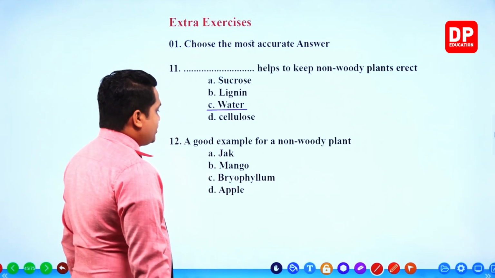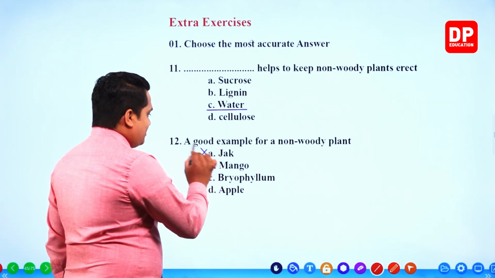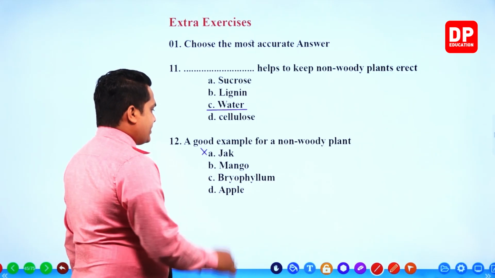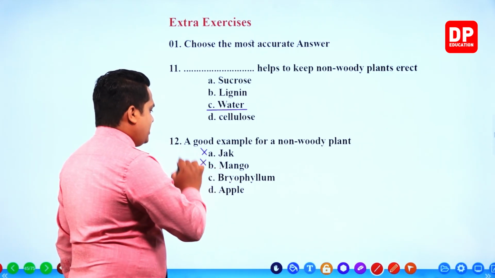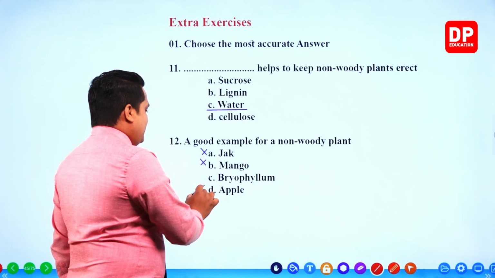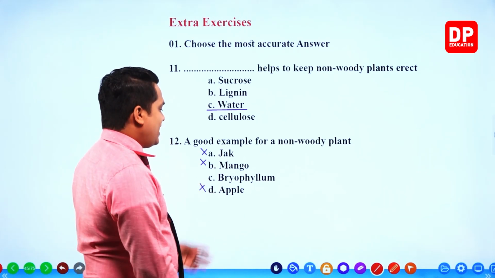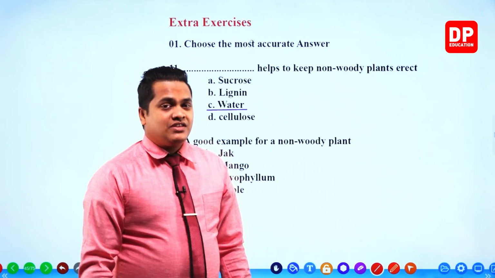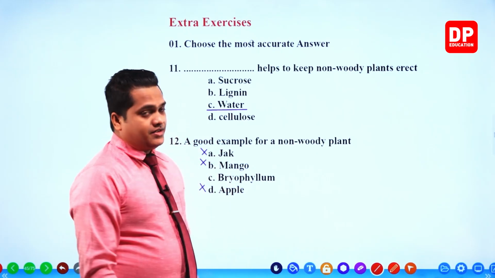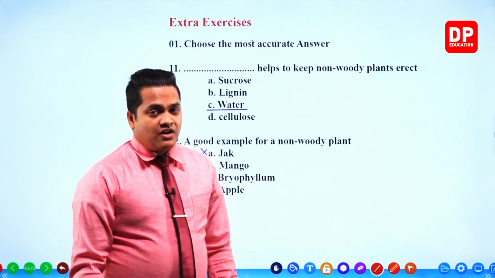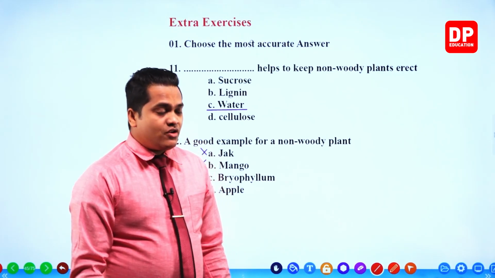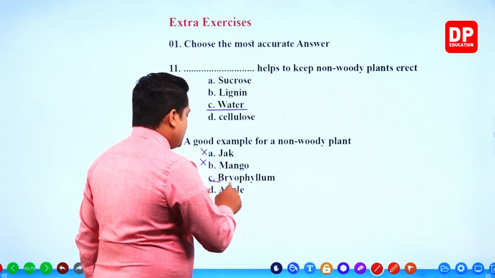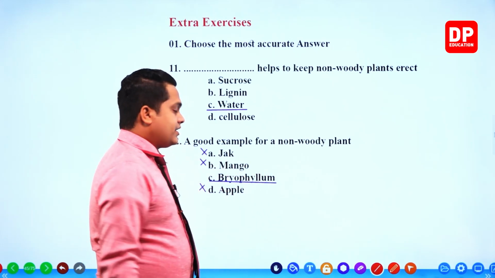We know that jack is a woody plant. Also, we know that mango is a woody plant. And at least from televisions, we have observed apple plants or apple trees, which is a woody plant. So therefore, the remaining answer, the bryophyllum plant, should be the non-woody plant.